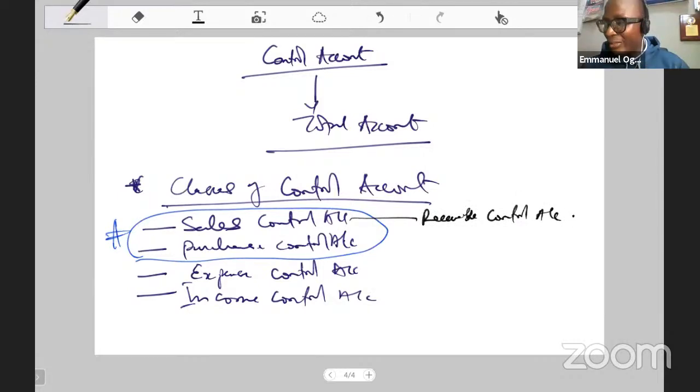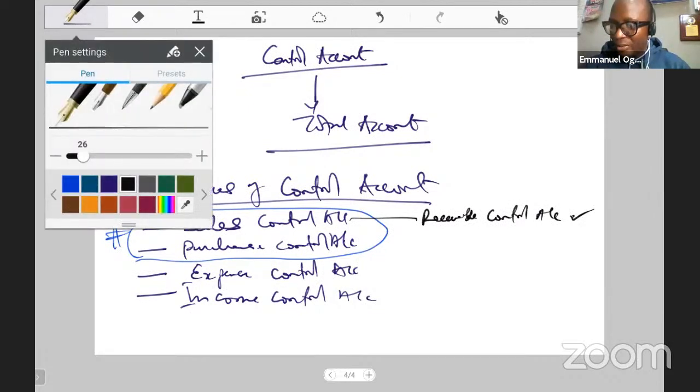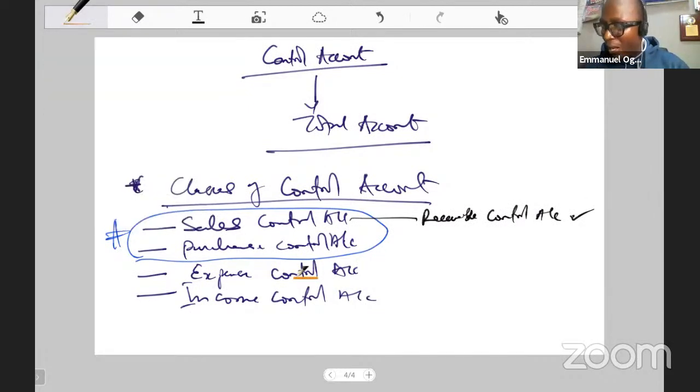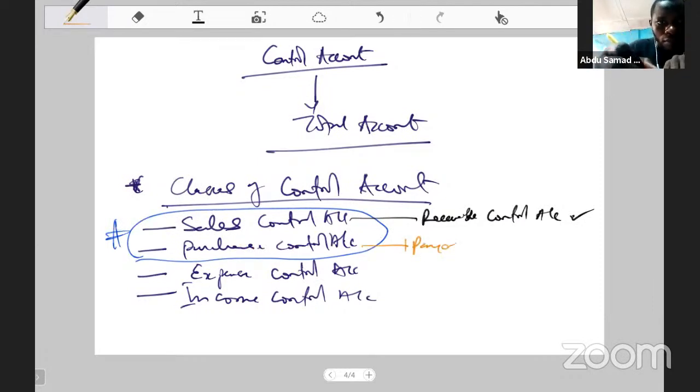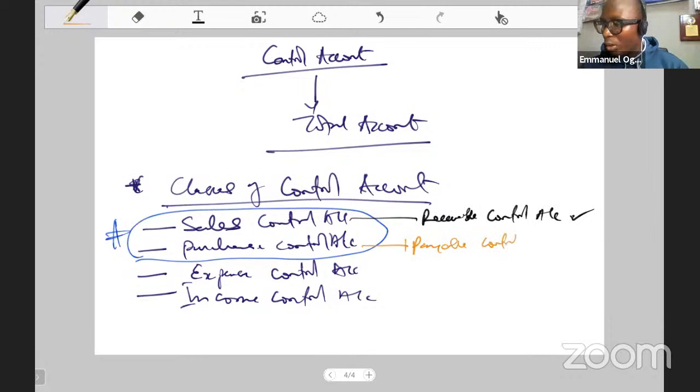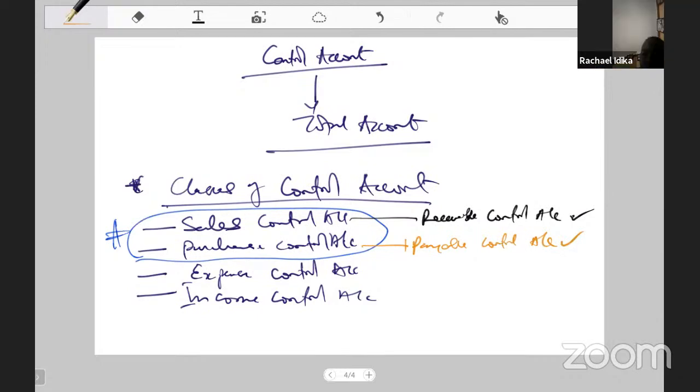While for purchases, we also refer to it as payable control account. Did you get that, class?